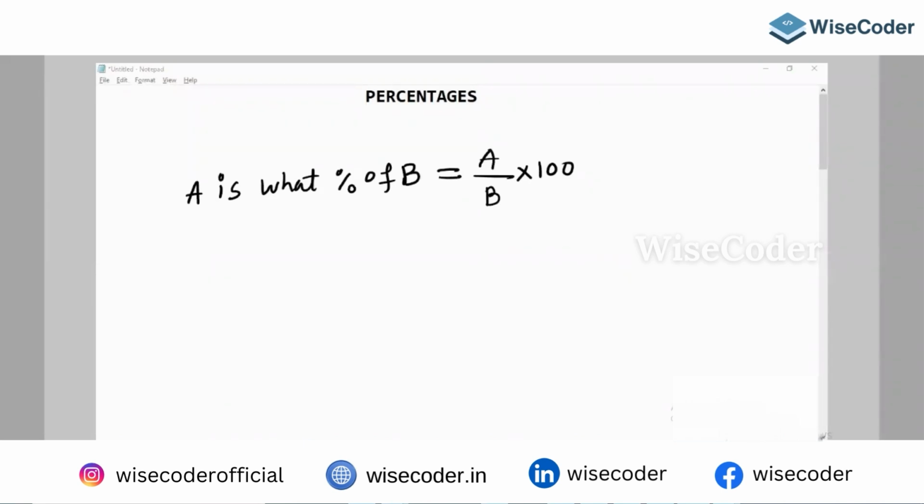Always remember, guys, whenever you come across this symbol, something should be in the numerator and something should be in the denominator, into 100. The numerator is always what we are comparing.